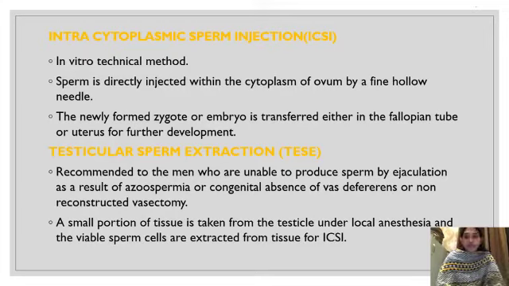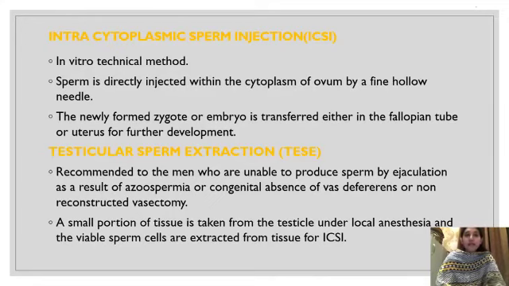That means fertilization is taking place. Now the zygote which is formed, or the embryo after it is formed, is taken and either ZIFT is done, or it is waited till the embryo stage and then placed in the womb or the uterus. And the last one is testicular sperm extraction.